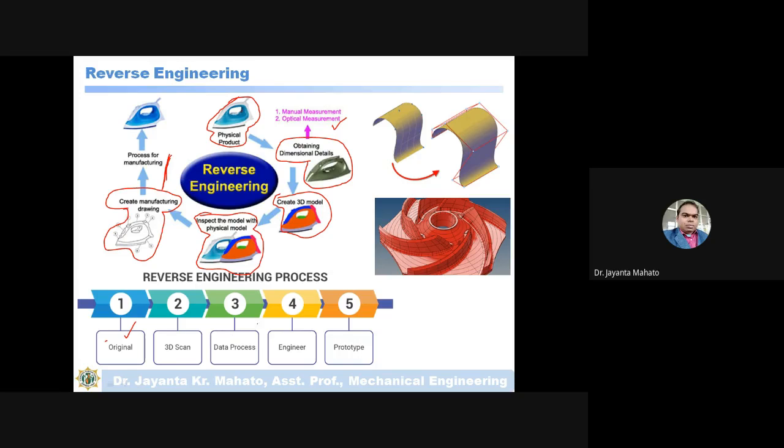Then the data process, which means nothing but making of the model. Then inspect this and ultimately make a prototype of the original product, meaning three-dimensional prototype data of the original product. Okay.